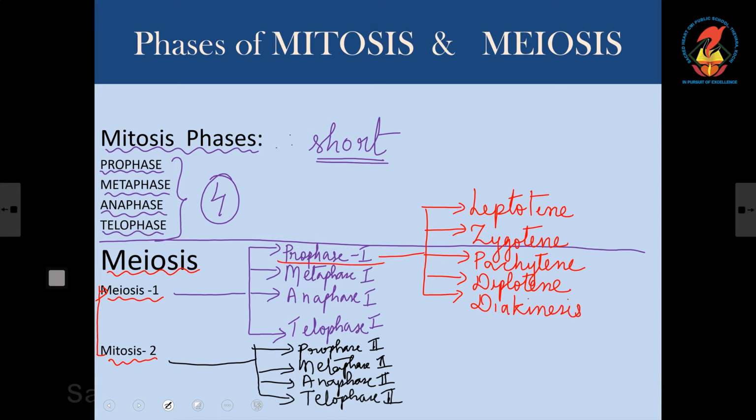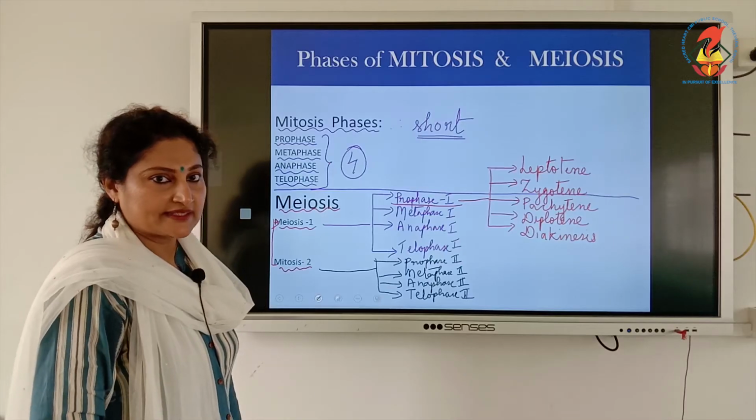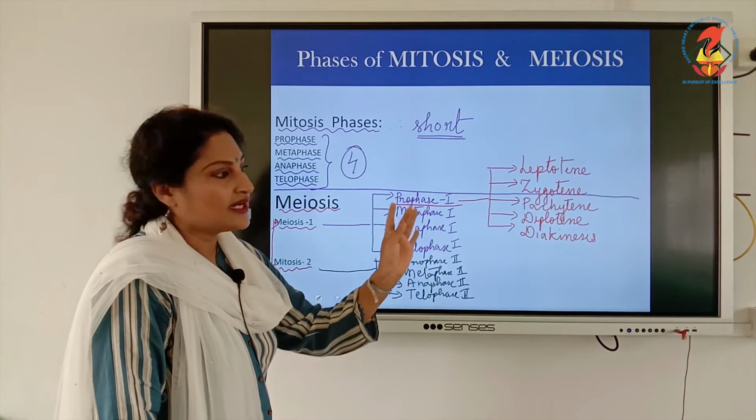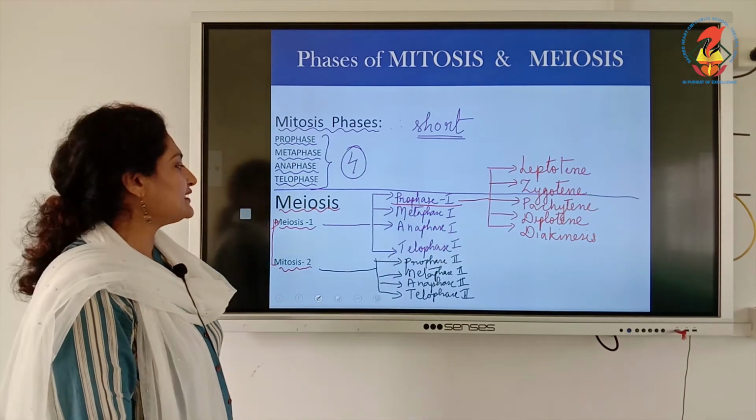So once again, prophase 1 is further divided into 5 substages: leptotene, zygotene, pachytene, diplotene and diakinesis.